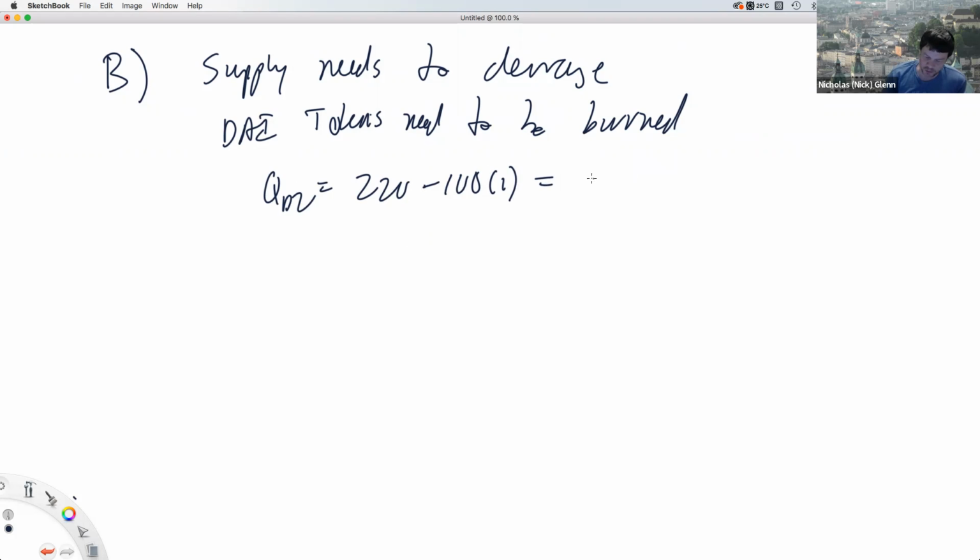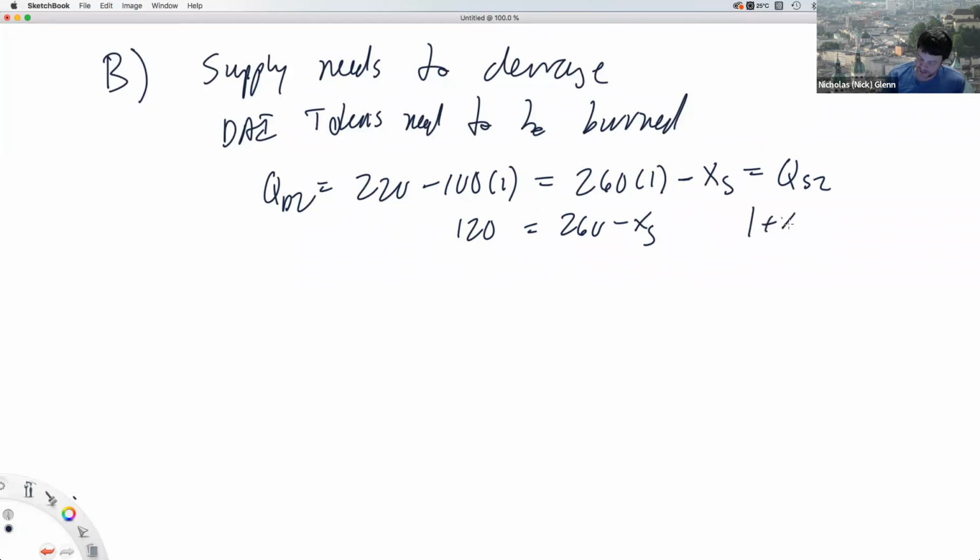Now we want to determine our new supply equation. We know it's 260p and the price is 1, but we don't know what this term is going to be. This is what we need to determine. When we determine that, we can see the difference, and that'll give us the change in quantity. So this will be 120, 220 minus 100, equals 260 minus excess.